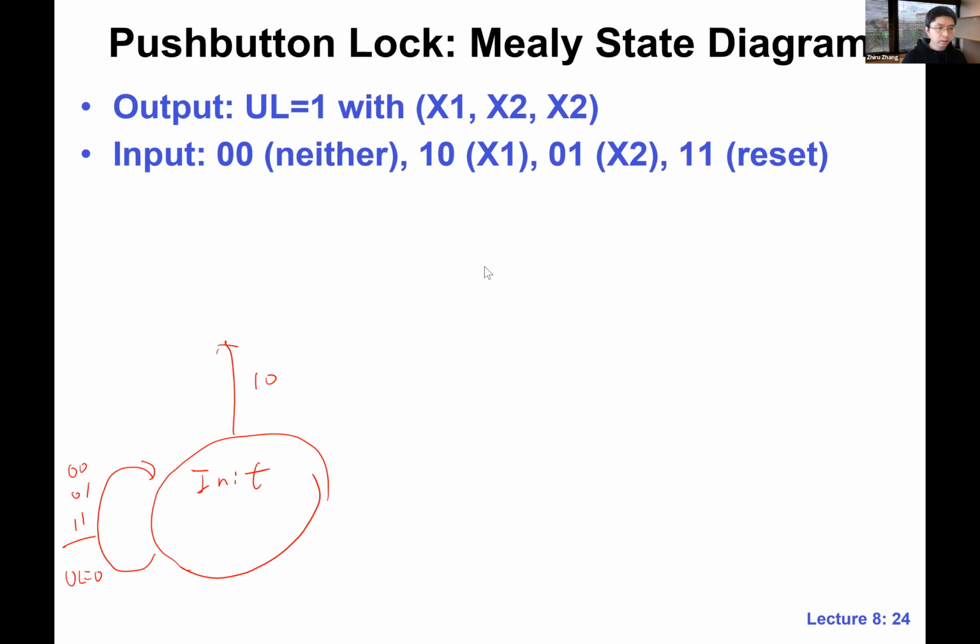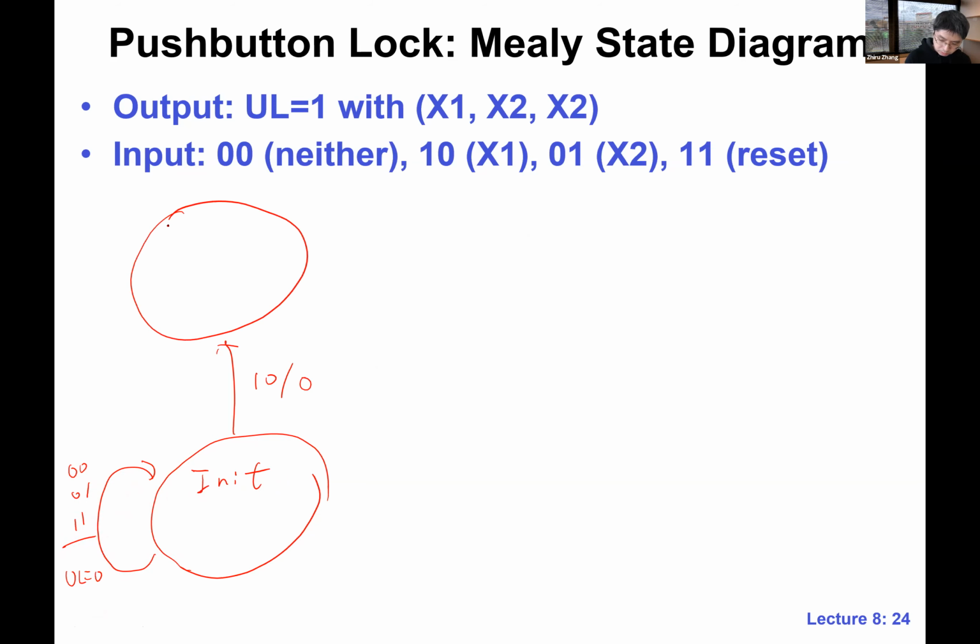So here I'm putting the output. This slash separates the input combination and the output. We output 0. So what do we output here for 1, 0? Do we output anything? Yes, 0. Okay, very good.